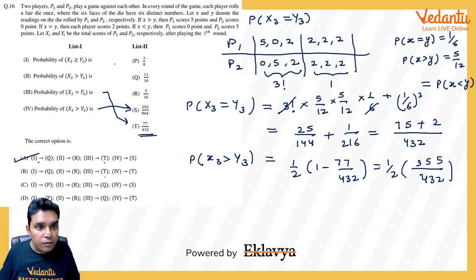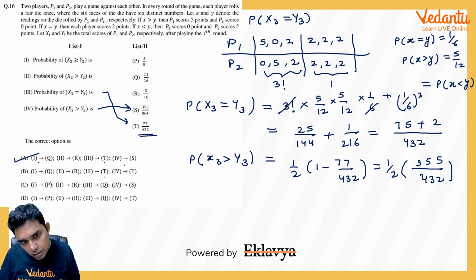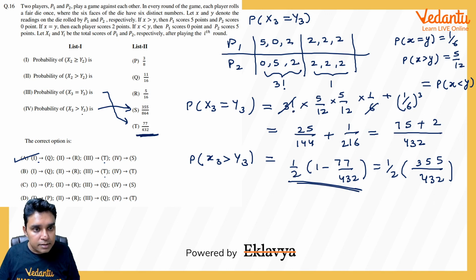So after knowing the answer of the first, I think we can easily guess that the third will be connected to T, and using this we can directly write this probability of x3 greater than y3, and that can be one of the objective methods. But the way they have given this question, we can do it. There is no risk involved in doing this. So the answer here is A.